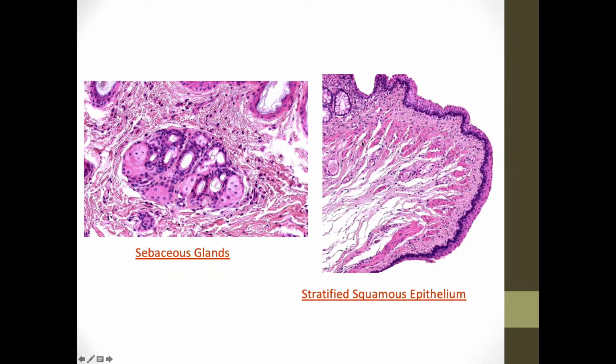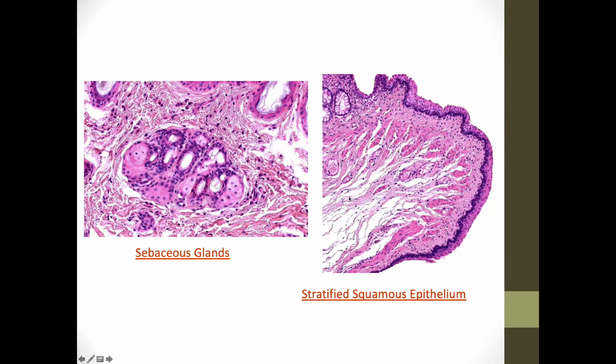In the anal part, the connective tissue also contains glands. Which glands? Sebaceous glands, for example, these glands. I think the stratified squamous epithelium is now well visible.